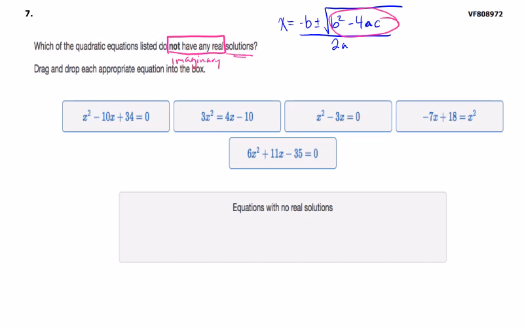Let me do this on another page, just to show you. What's underneath the square root of the quadratic formula is called the discriminant. The discriminant we'll call d, and that's equal to b squared minus 4ac. If d comes out greater than 0, then you're going to have 2 real solutions.